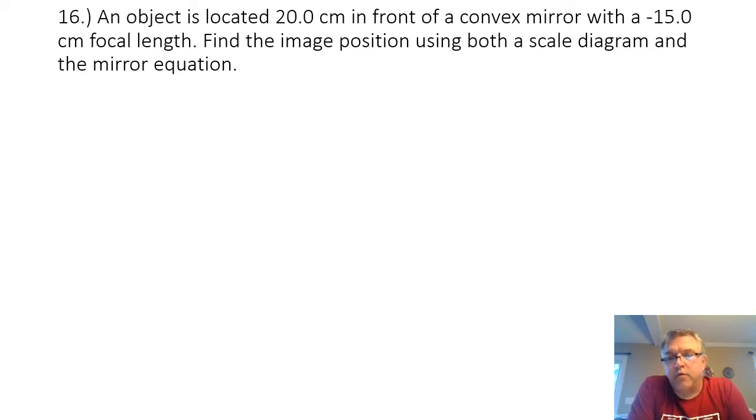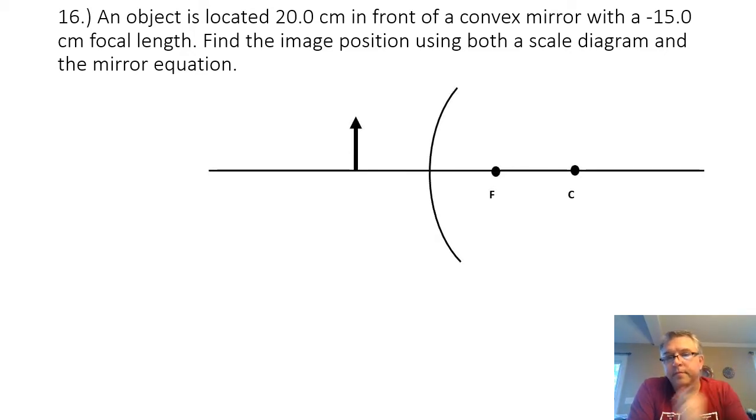We'll look at our ray diagram. So here is our ray diagram for a convex mirror. Here we have our object right here. And our first ray, which I'm going to highlight in red, my incident ray, is parallel with the principal axis.